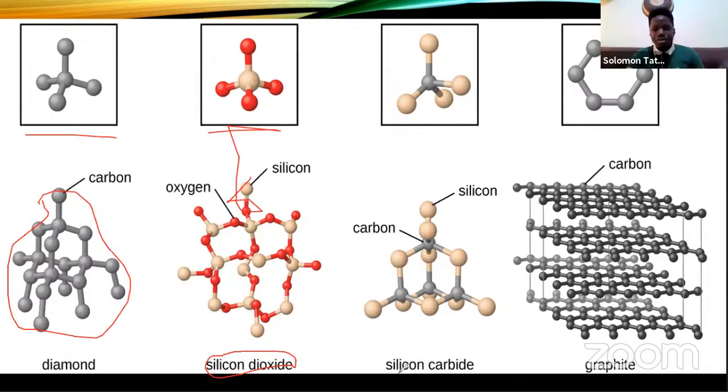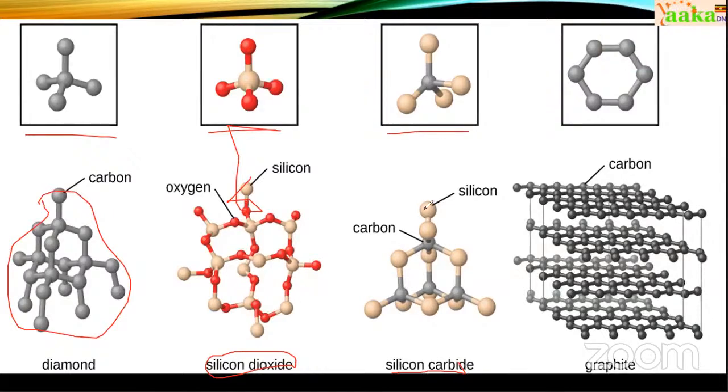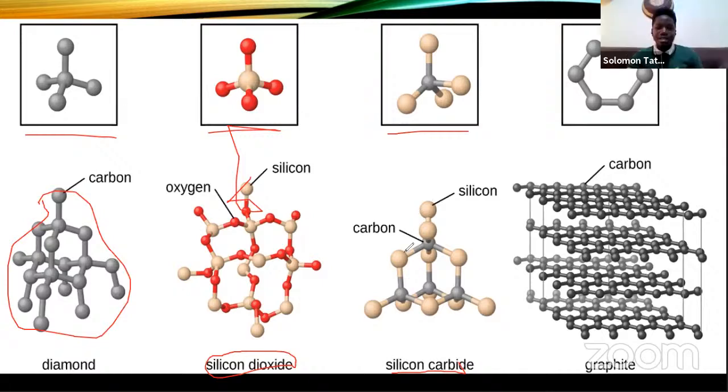Also, silicon carbide. Silicon is very good at forming these giant structures. In silicon carbide, you can see the individual molecule is this, and then it is interconnected. The molecules are bonded together to form this giant molecular structure. Remember, it is covalent bonding in there.